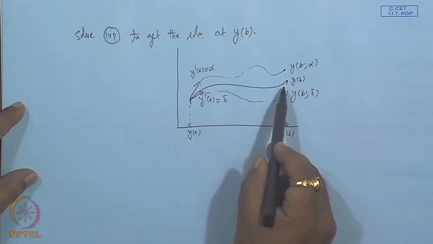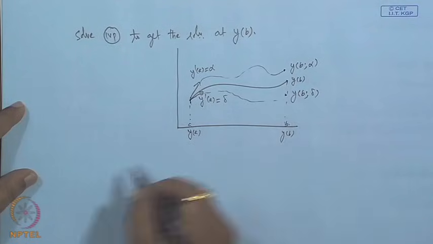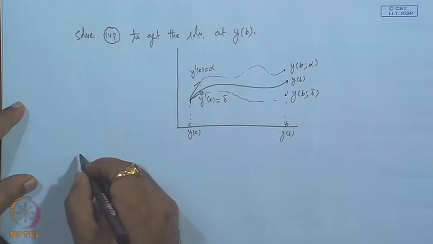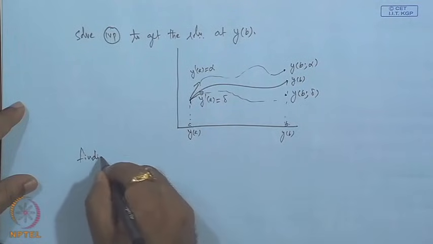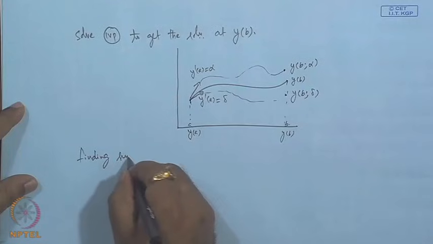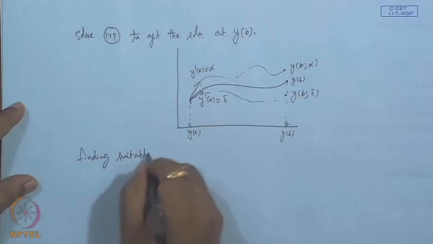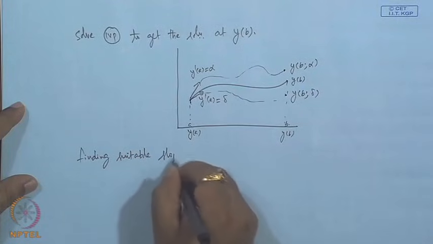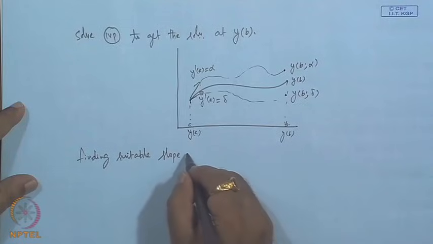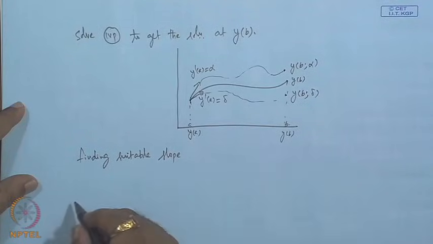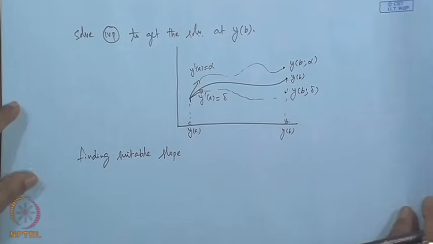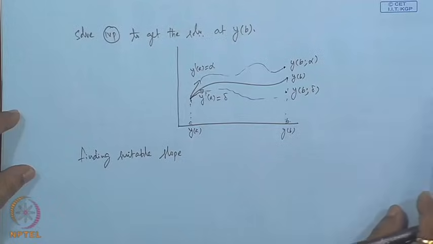So, the problem reduces to finding a suitable slope. This is the target. Is that clear with the shooting method?